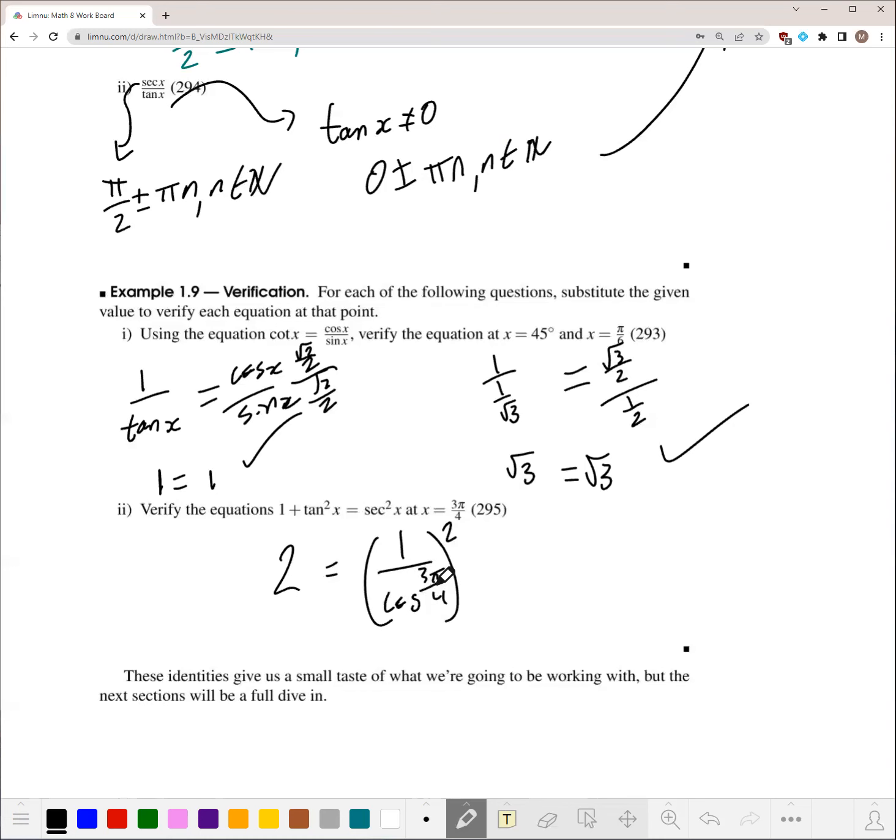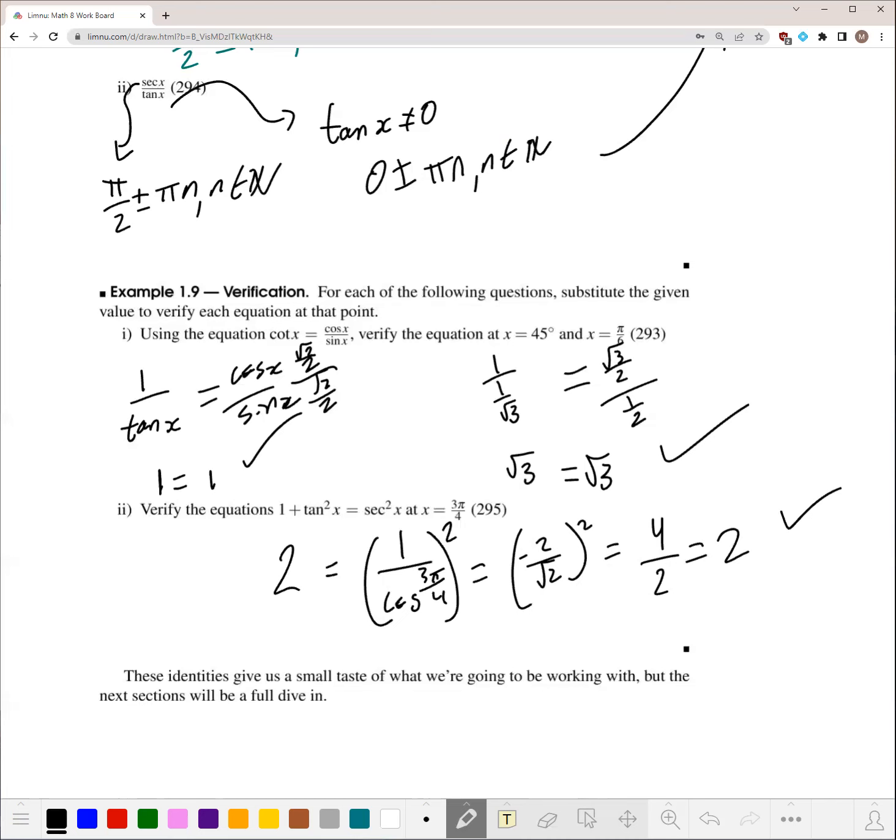So if I have negative root 2 over 2 on my bottom, it's going to be 2 divided by root 2, and it's negative still, squared. And so that is equal to 4 over 2, which is equal to 2. There we go. We verified it.